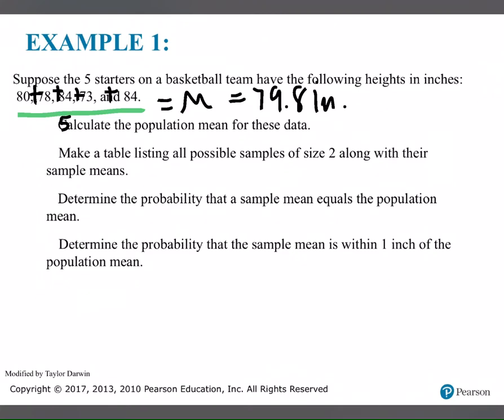Make sure, if you need to, that you're doing this as well. Let's call this A. B says, make a table listing all possible samples of size 2 along with their sample means.